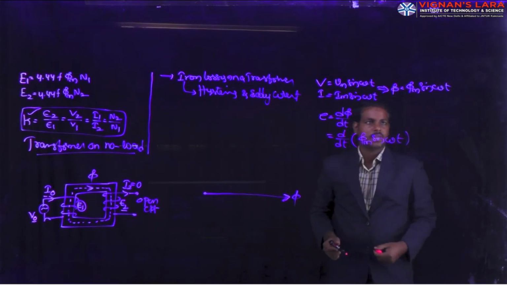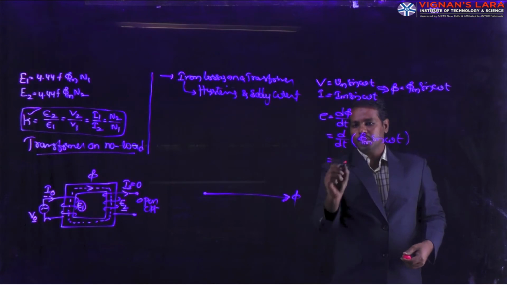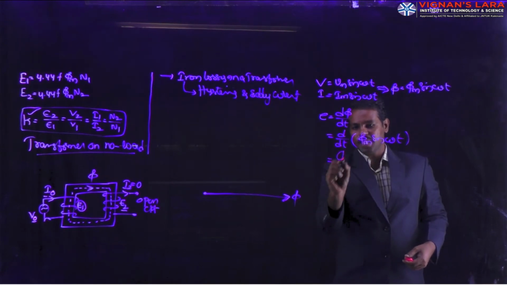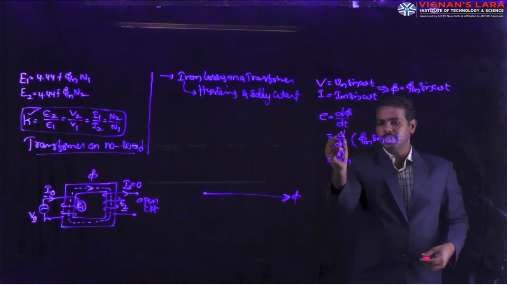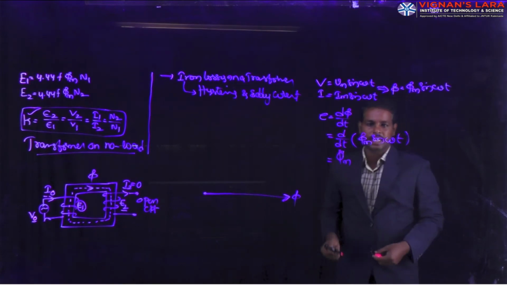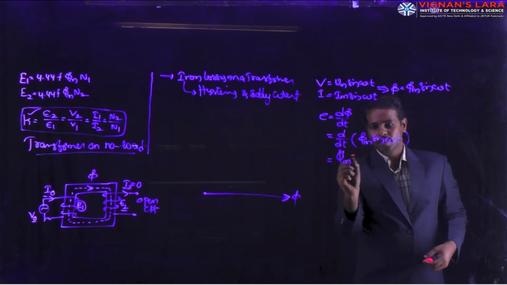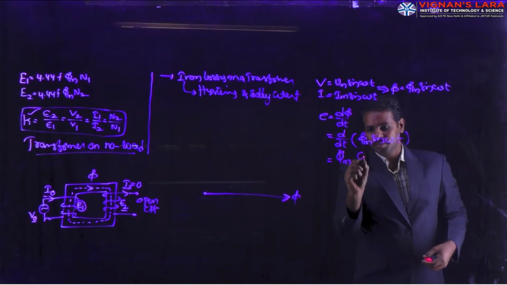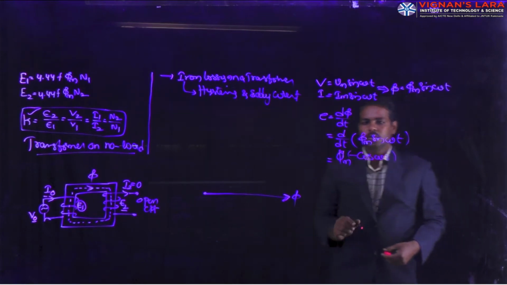Here phi m is a constant, multiplied with the differentiation of sin omega t with respect to t. That means sin becomes cos omega t, minus cos omega t.